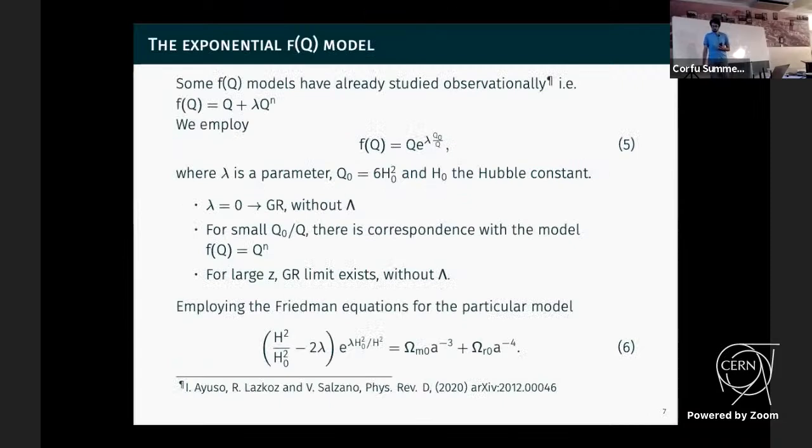There are some proposed f(Q) models in the literature. Our model is the exponential one, equation 5. The main idea is to implement a more general model than the power law of usual Lazkoz and Fanizza.